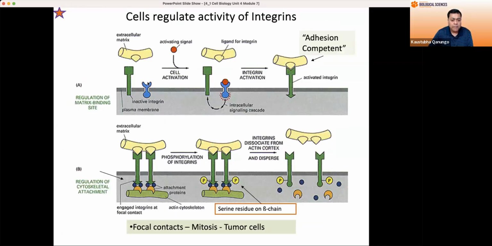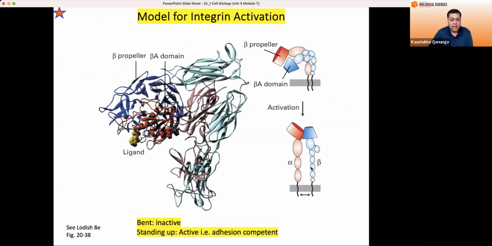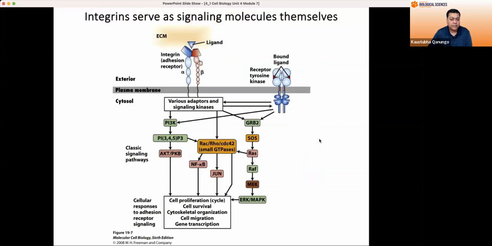This integrin is in the bent format. When an activating signal comes in and the integrin is activated like this, it will actually stand up to interact with the corresponding adhesion molecule, adhesion competent.